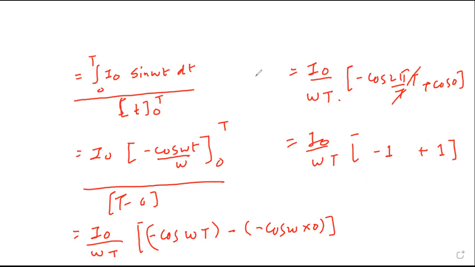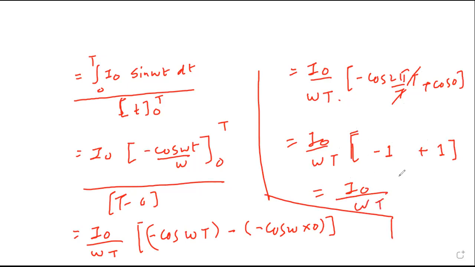This is minus. So I naught upon omega T into minus 1 plus 1 is 0. So equals to 0. Right. Thus for complete cycle, we are getting average alternating current is 0.